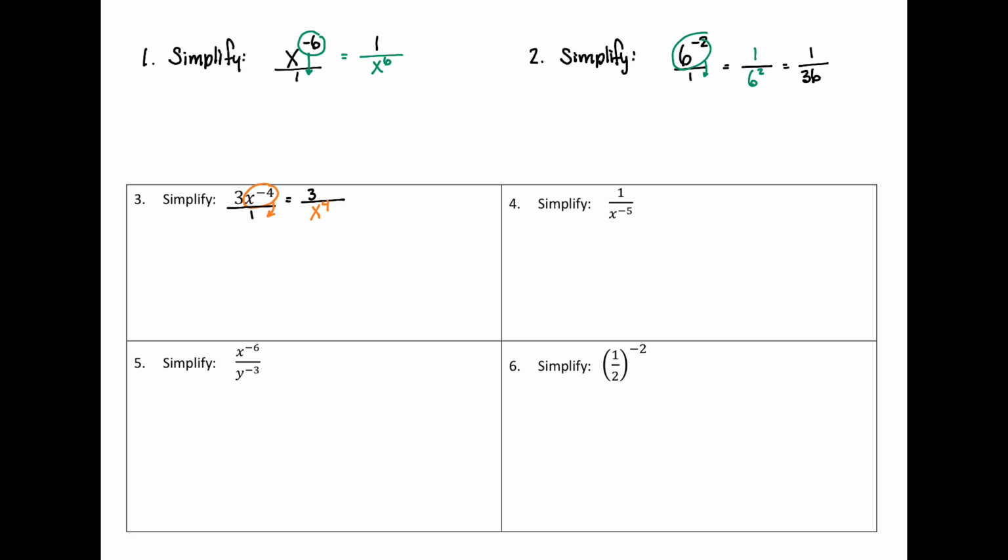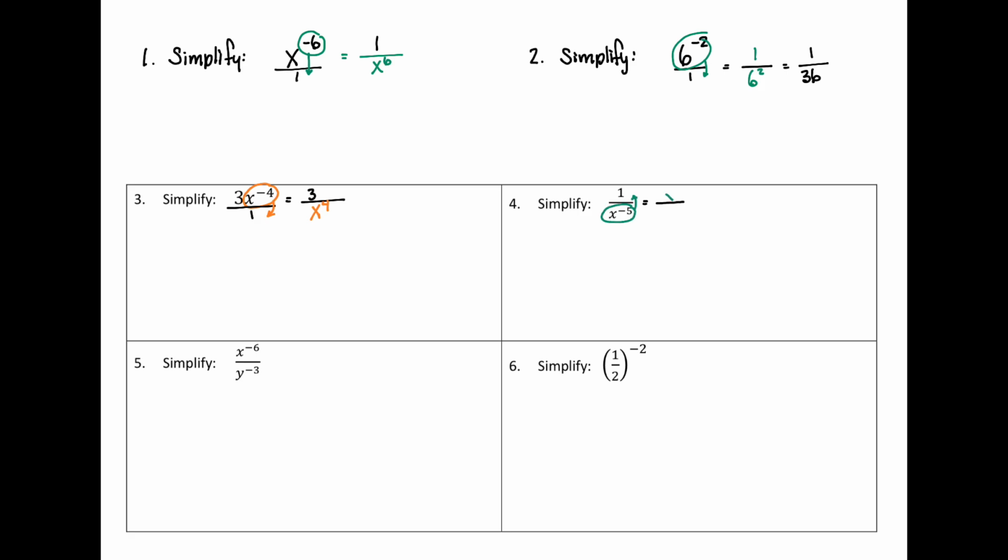Okay, number 4. Remember I said that it has to change floors? So this is downstairs and it's negative. So now it needs to move upstairs. And because it crosses the fraction line, it has to change signs and it becomes positive. So that looks like this. There's your upstairs and downstairs. Because this was downstairs, it's going to move upstairs.